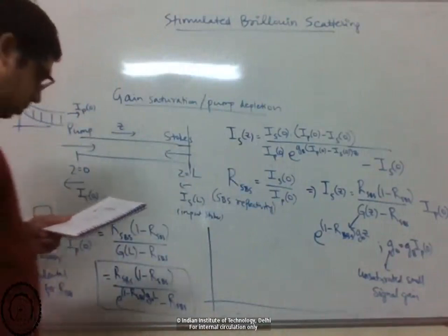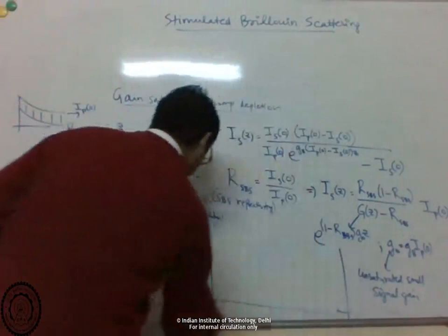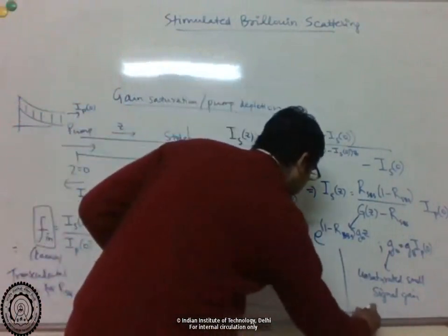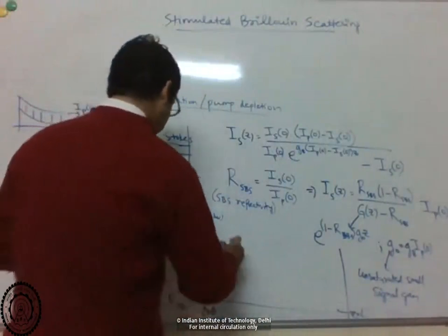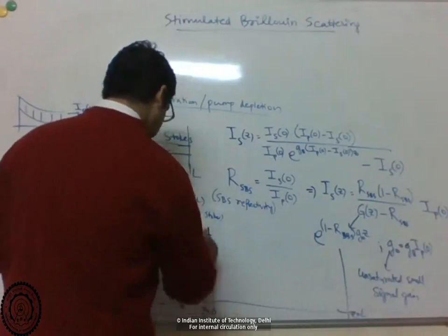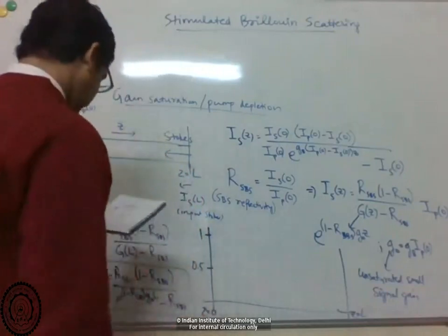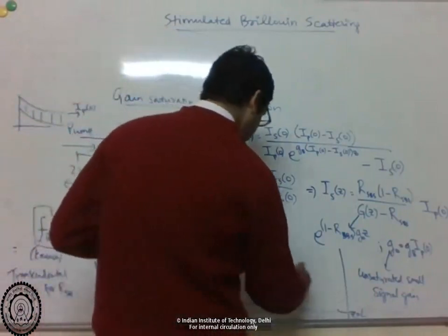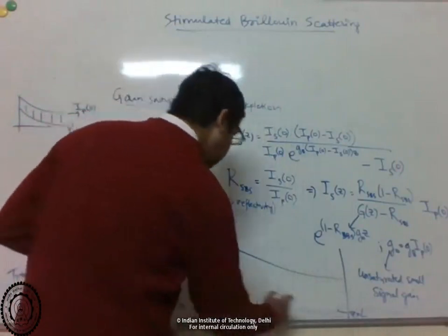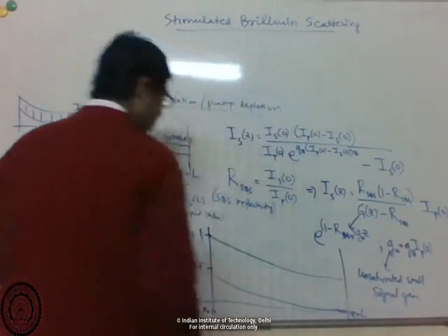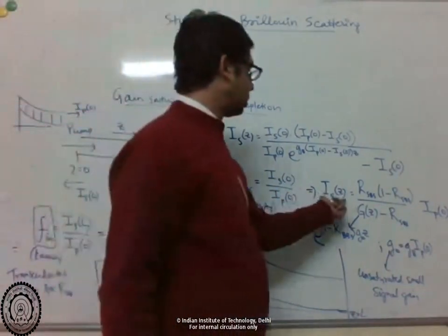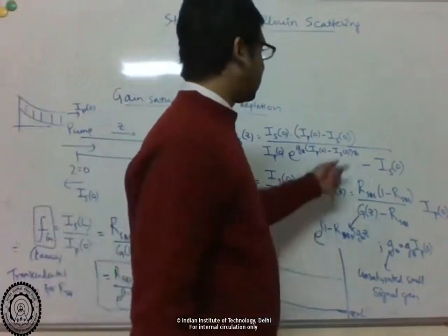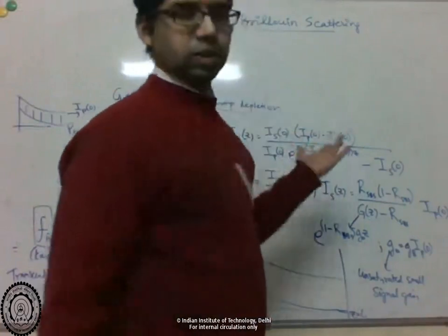IP goes down with increasing Z, and IS builds up with decreasing Z. So basically for different F in, for different input conditions, I can calculate what the RSBS is, and then from there I can calculate what the Stokes power is at each distance, and from that I can calculate what the pump power is also at each distance, right?